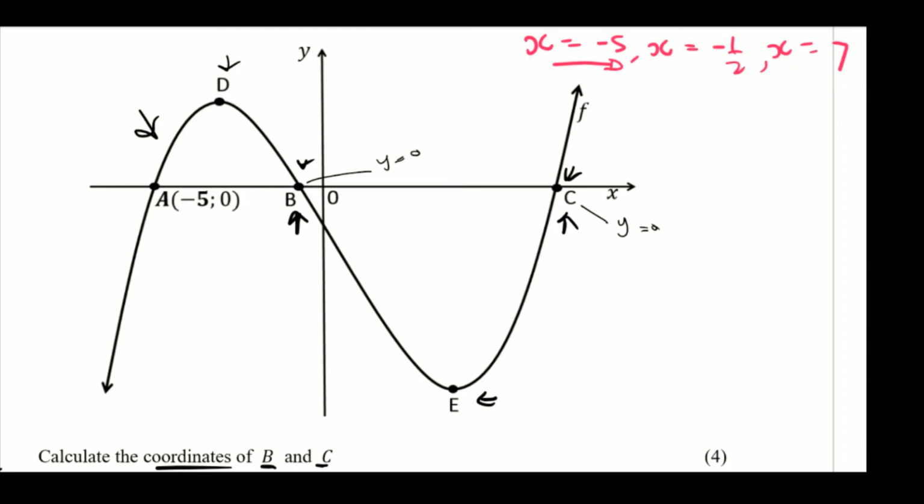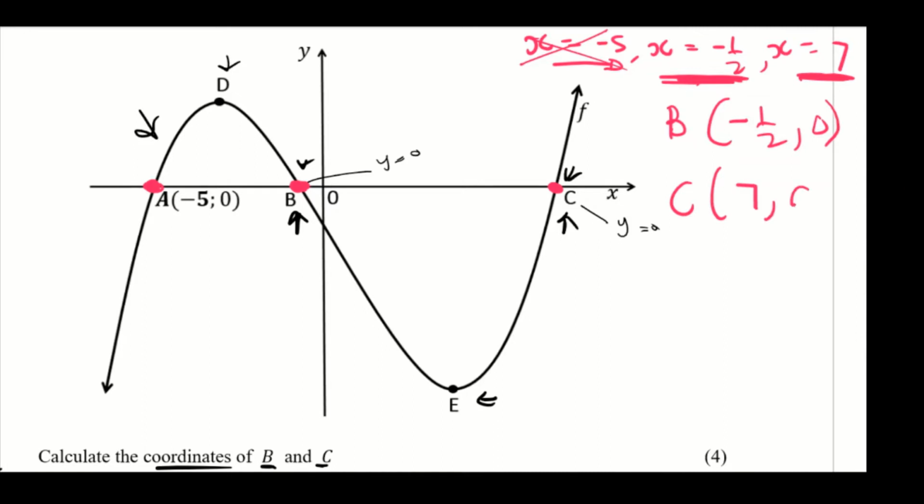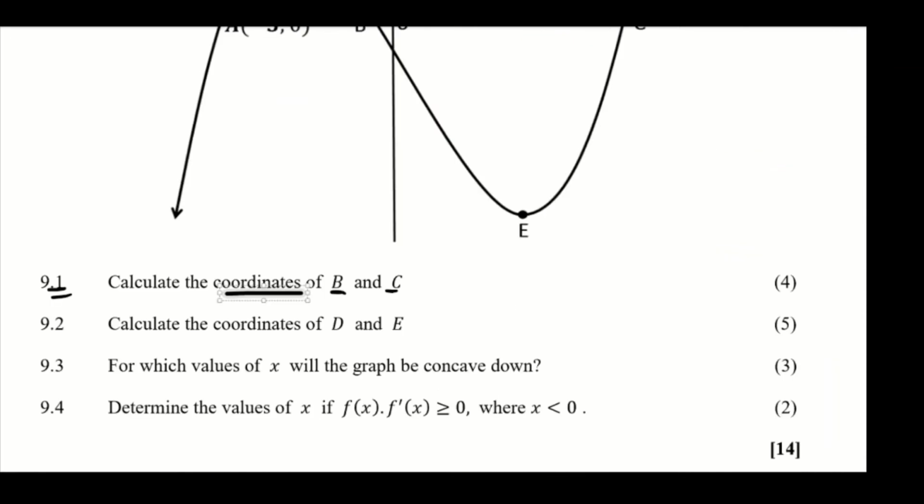So x equals minus 5, it's this point here, so we don't need it, so I'm just going to cancel it out. And x equals minus 1 over 2 tells us that it's actually this point here, right? So our b would be minus 1 over 2 and 0. And then x equals 7, it's this point here. So our c is going to be 7 and 0. So these are our coordinates of b and c.